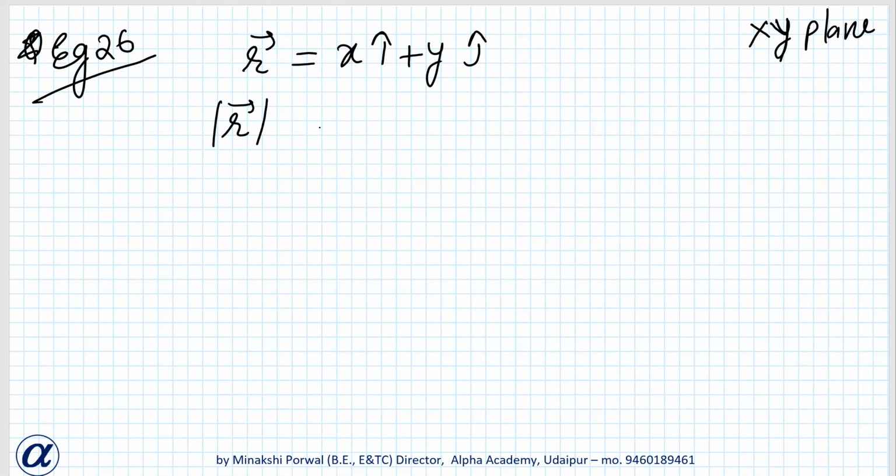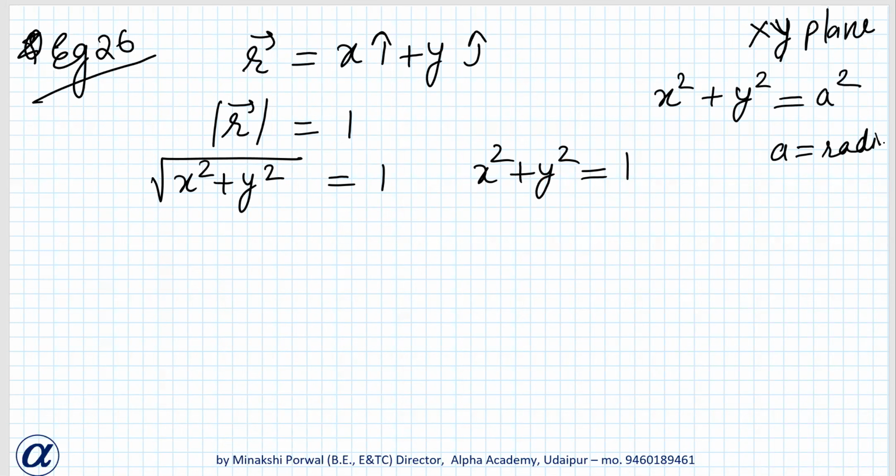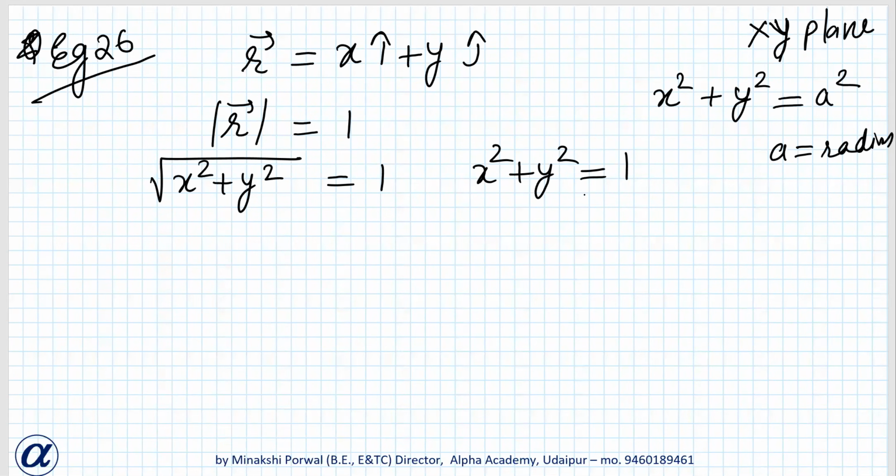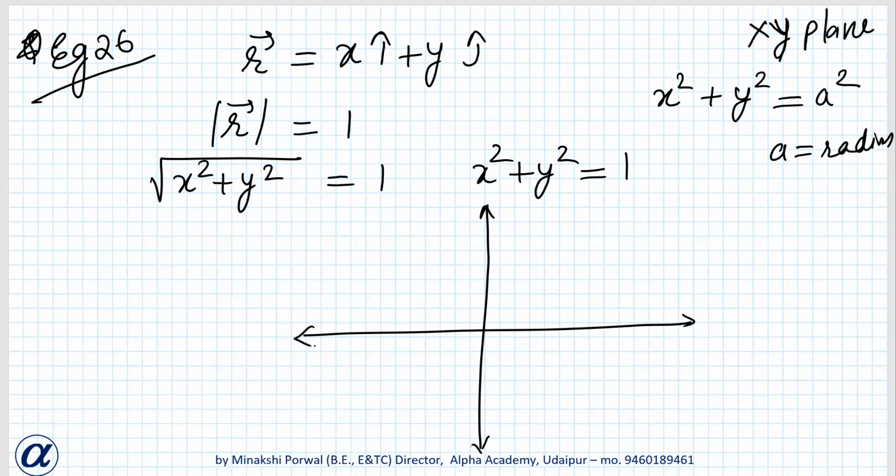The general form of the equation of a circle is x square plus y square equals a square, where a is the radius. So this represents the equation of a circle with radius 1. So if we make a vector on xy plane, then we have to write all the unit vectors.